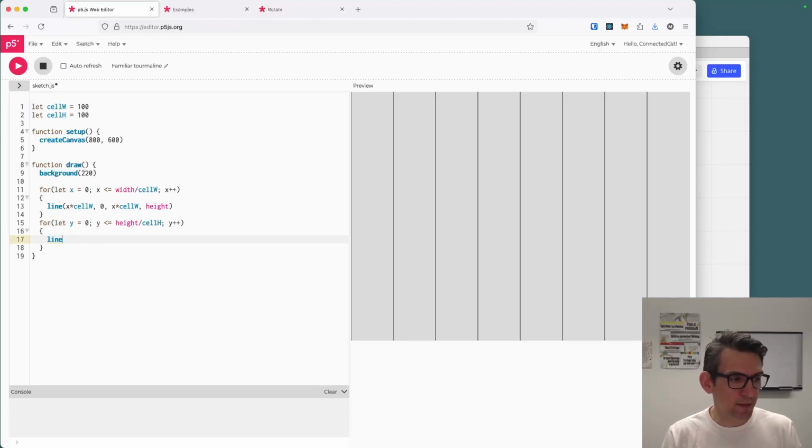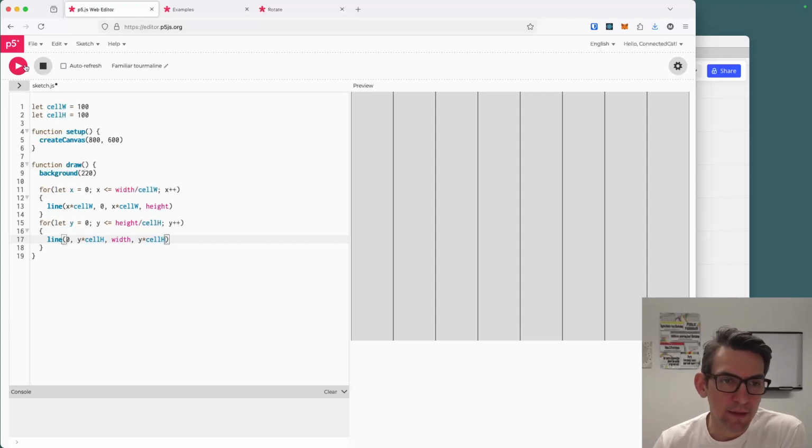So line, and this time 0 is going to be for the X, and then the Y value is going to be for the Y, obviously. And again, we're going to need to jump by the whole size of the cell. So I'm going to have to multiply my Y by cell H, and then it's going to be width, and then Y times cell H.